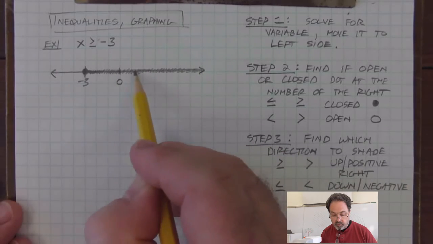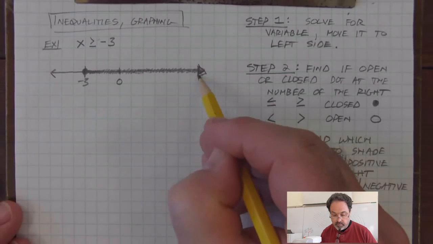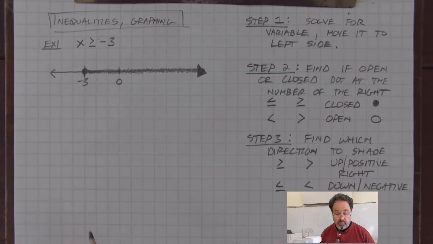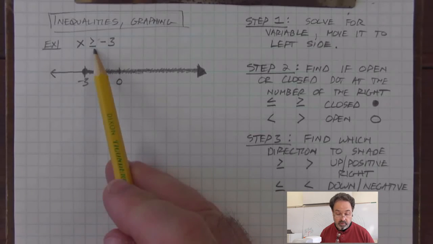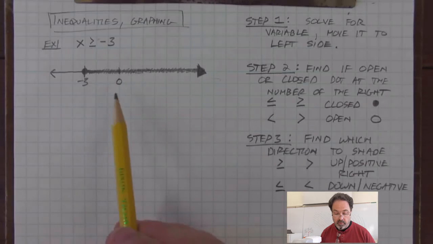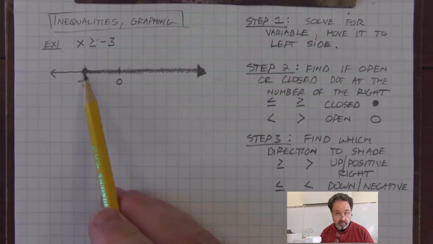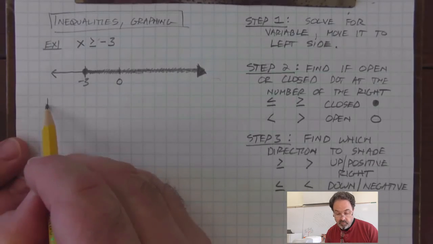It's like we are also representing these values by shading them. This is the graph of the inequality x is greater than and equal to -3. We could also say greater than or equal to -3. It includes on the number line all the places that we shaded or put a closed dot, the -3 and everything above. Let's give another example.